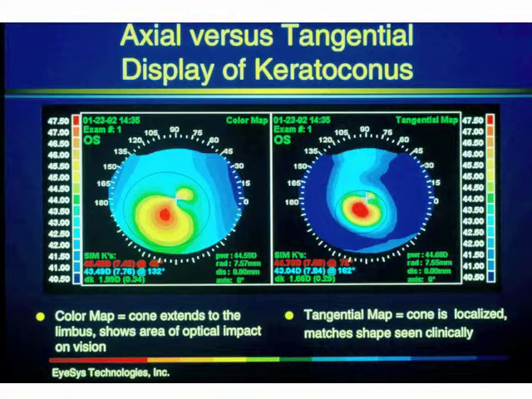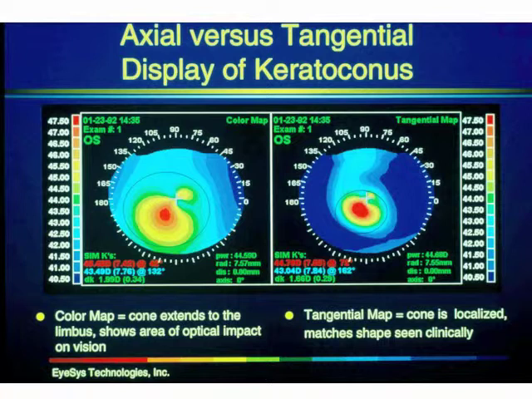Tangential maps, like the one on the right, are very helpful for localizing lesions. Axial maps are very helpful for determining the influence that a lesion is going to have on the patient's vision, since the axial map describes what's going on along the optical axis of the cornea.